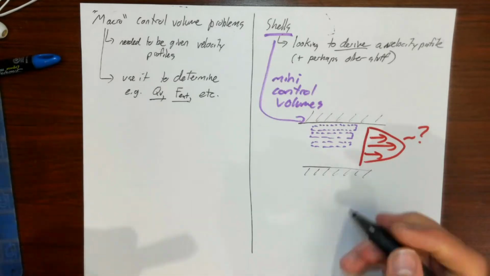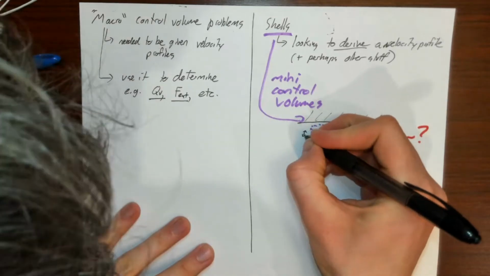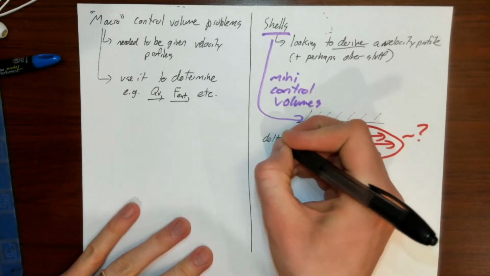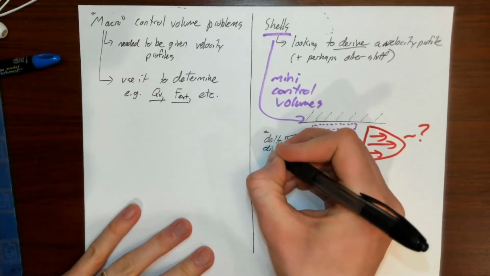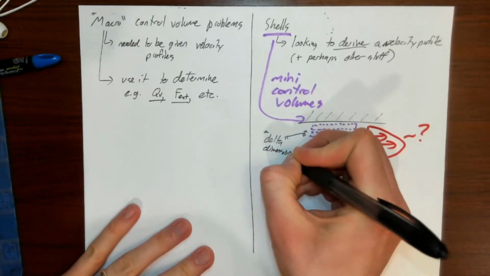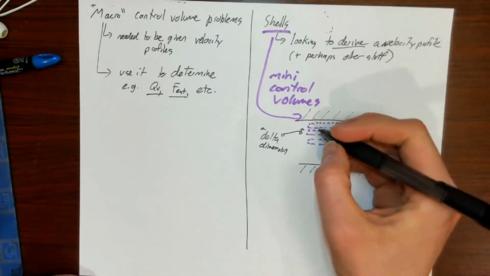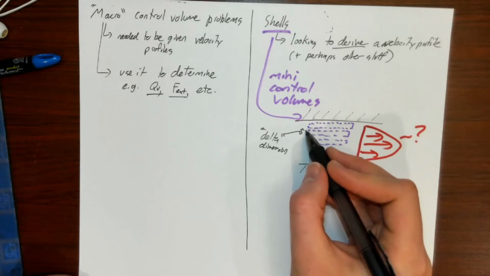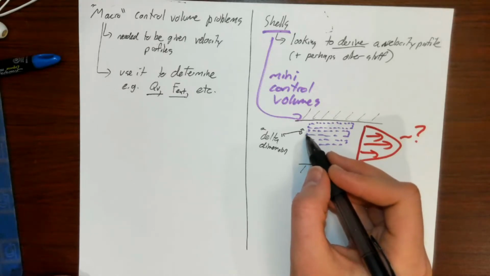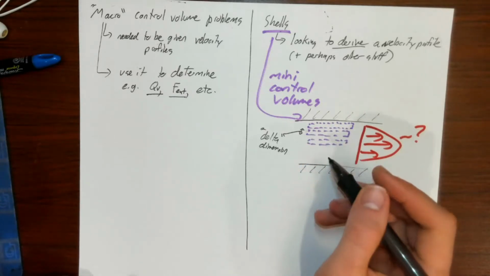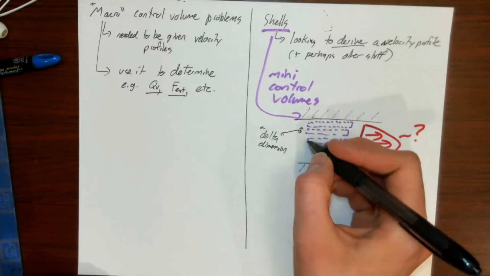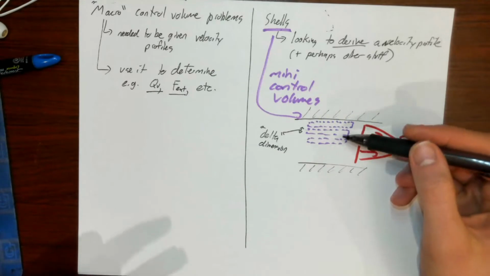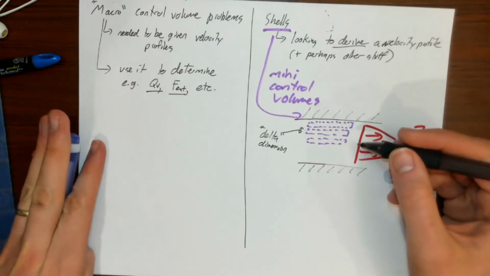And these mini control volumes have what I'll call a delta dimension. The delta dimension is one dimension, one length of part of the surface of one of our mini control volumes, and it is the dimension along which we anticipate flow varying.